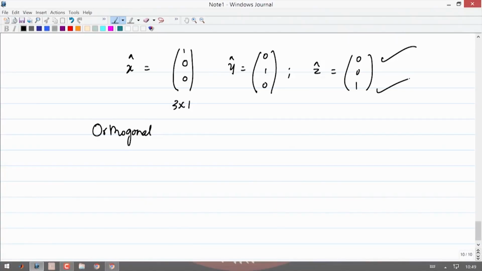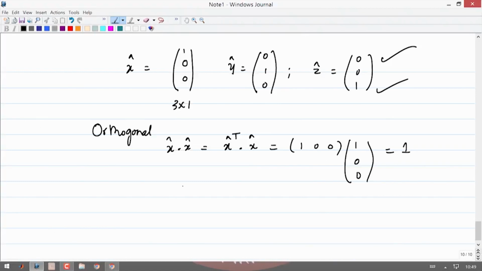replicated by these columns. For example, x dot x is nothing other than the transpose of the matrix X with itself, and therefore you have 1 0 0 multiplying 1 0 0, and that is the number 1, scalar 1.